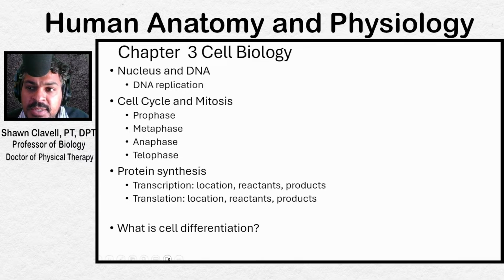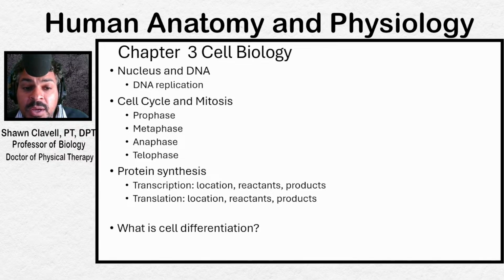And then the second half of chapter 3 is where we talked about the nucleus and the DNA, so talking about what is DNA, what is the structure of DNA, what is the makeup of the nucleus specifically as an organelle that contains the DNA, the cell cycle.